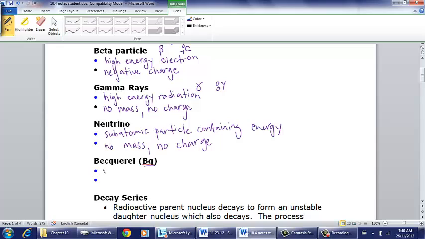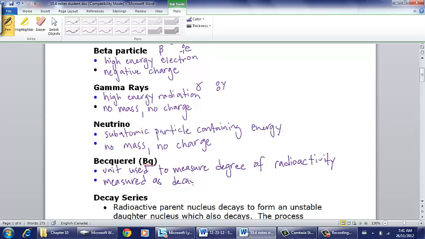So we can define this as the unit that is used to measure how radioactive something is, so the degree of radioactivity. And it's measured in decays per second.